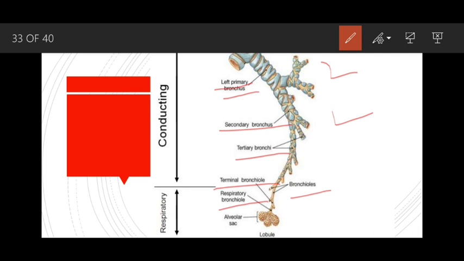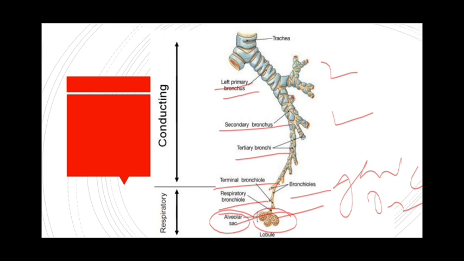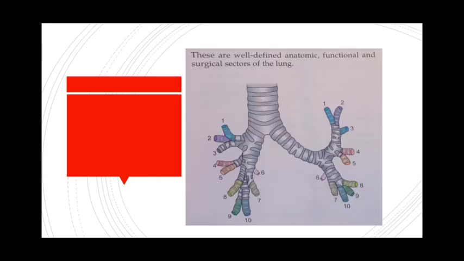And finally the alveolar sac. The smallest unit of the respiratory tract is the alveolar sac, where the exchange of gases takes place, right? Gas exchange takes place at the alveolar sac. So these are the well-defined anatomical, functional and surgical sectors of the lungs.